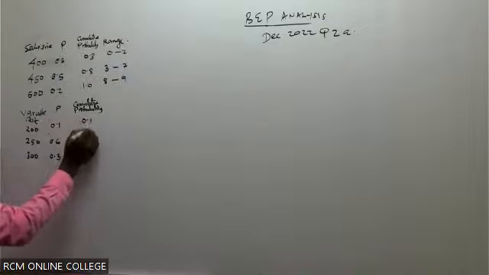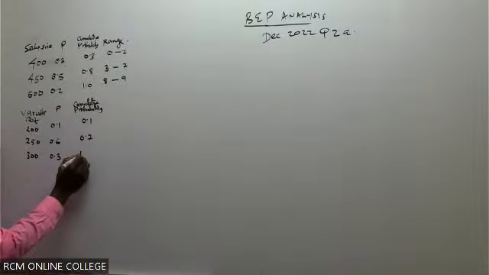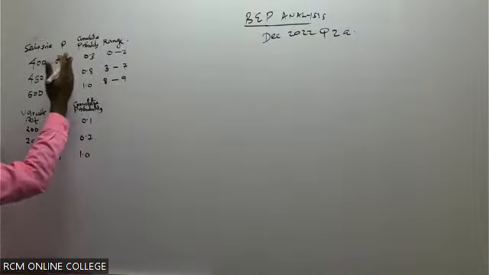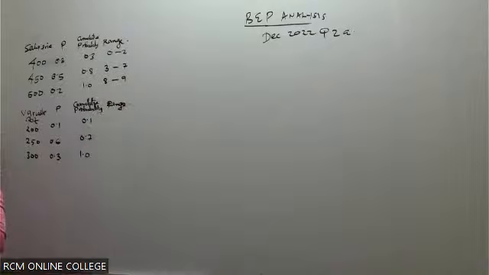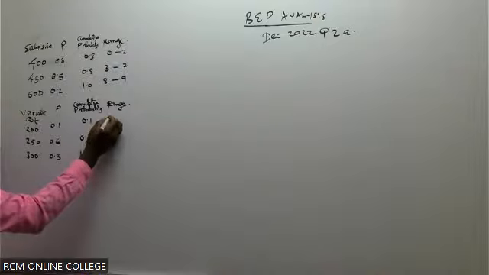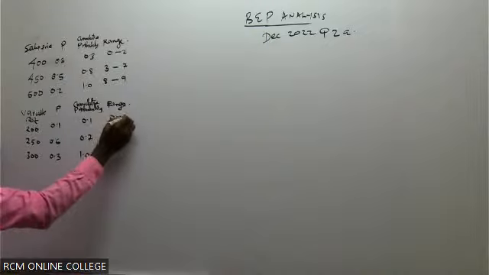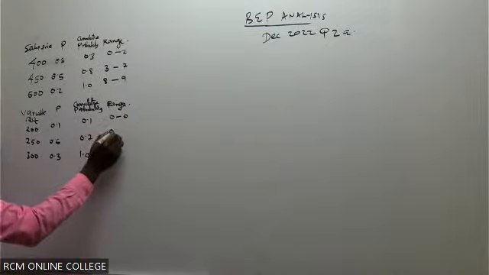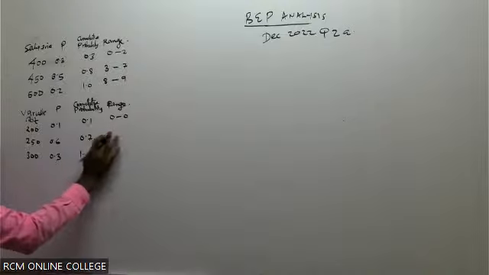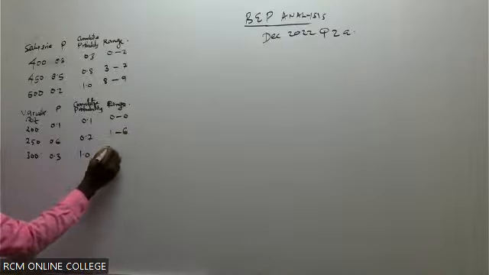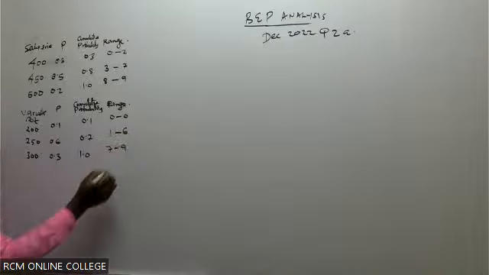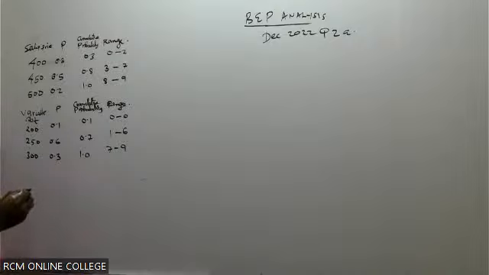Cumulative will be 0.1, 0.7, 1.0. So you can see the number of decimal places is 1. And therefore, if you now come to the range, that is starting from 0, and of course, the number before this is 0. Then we come to 1 to 6, 7 to 9.